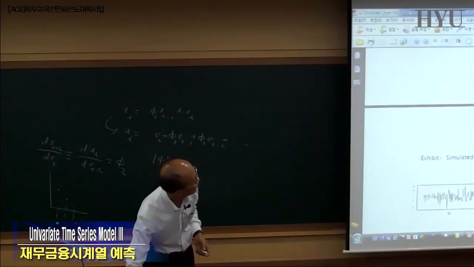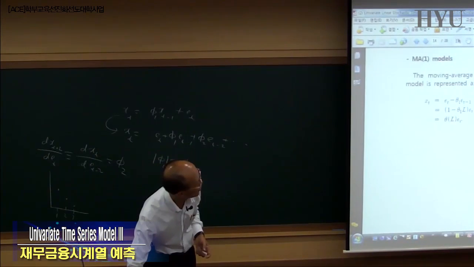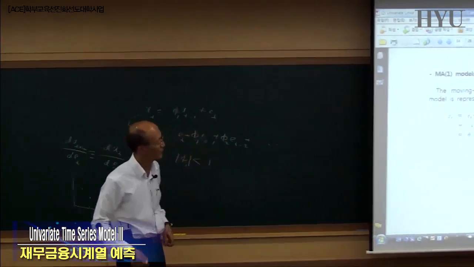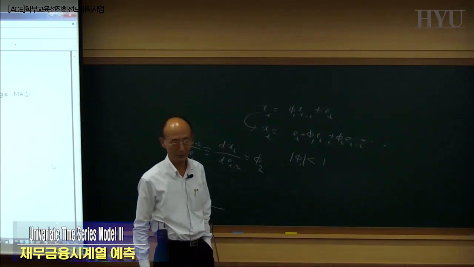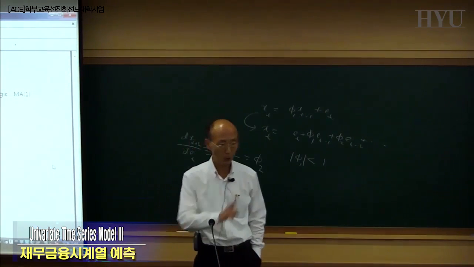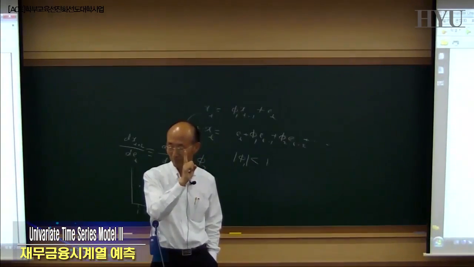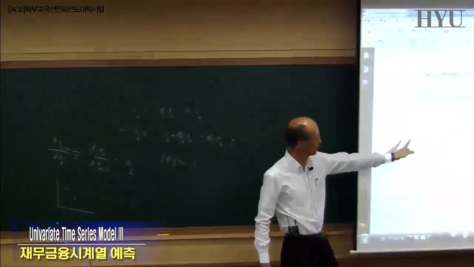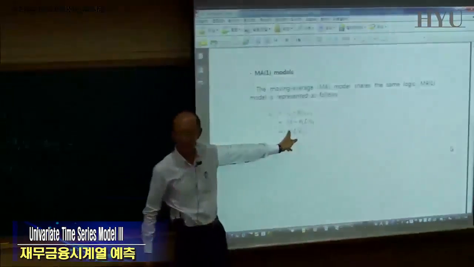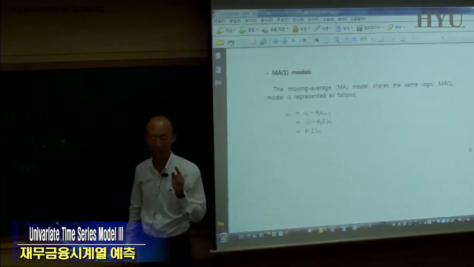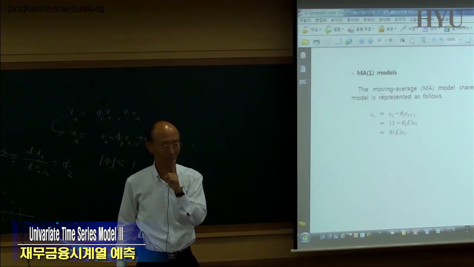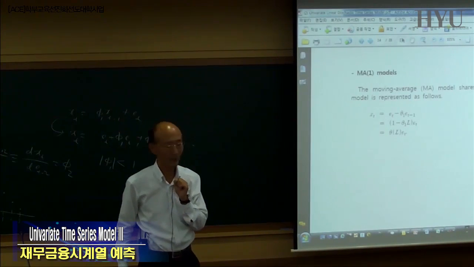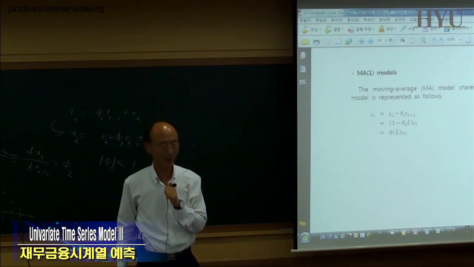And quick question. Suppose theta 1, the value of theta 1 is 1. So if you calculate the root of this part, let's say theta 1 is 1. Is xt stationary?